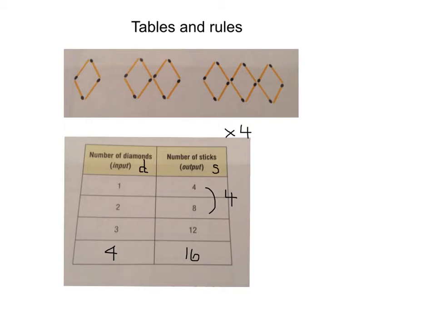And creating our rule, we would have said S is equal to the number of diamonds times 4. And we know that in maths we always put the coefficient before the pronumeral. So our number of sticks equals 4 times the number of diamonds.